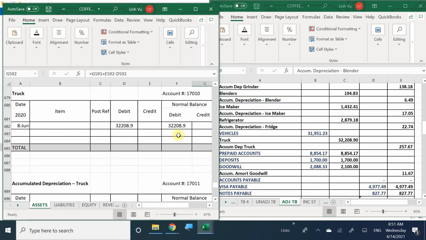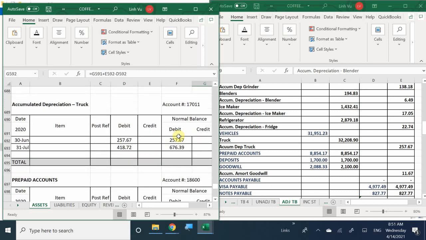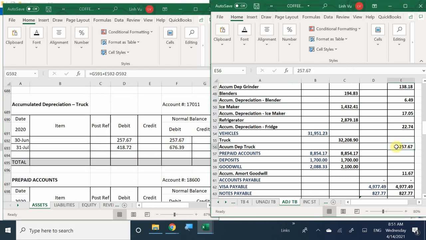Okay. So now we have vehicles, right? We have our car, our truck for the 32,208.90. So what is my accumulated depreciation on my truck? 639. I just realized this is in the wrong account.